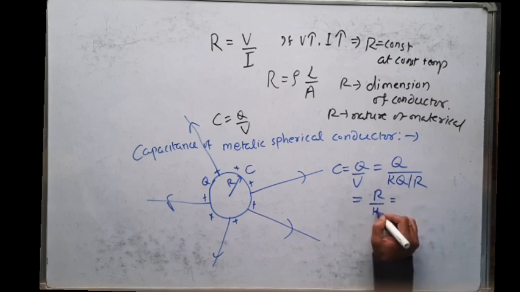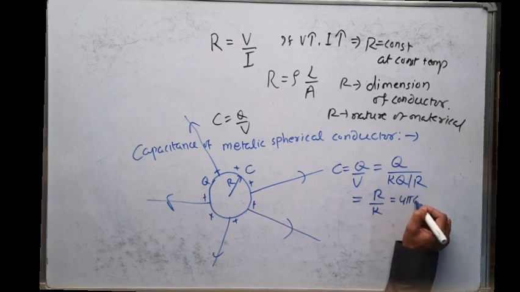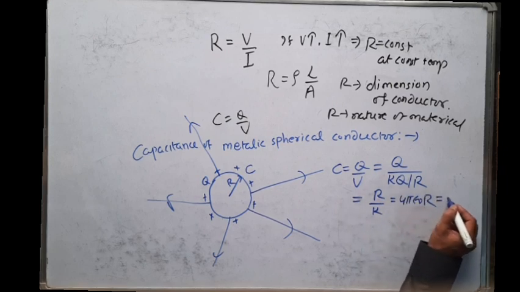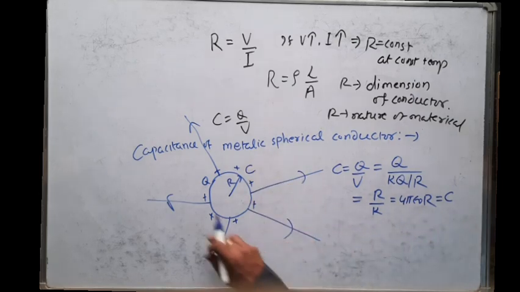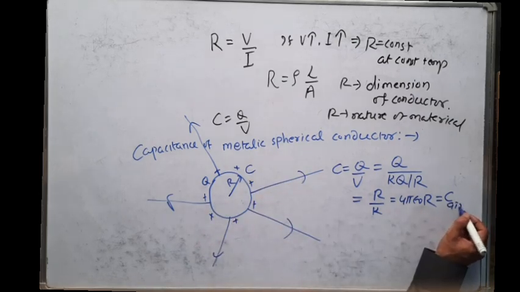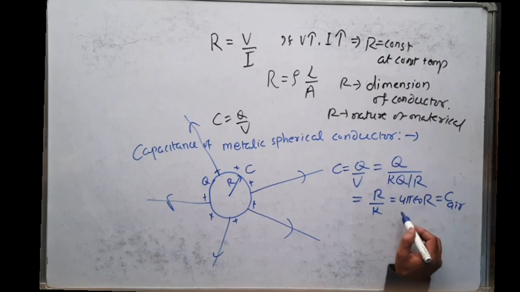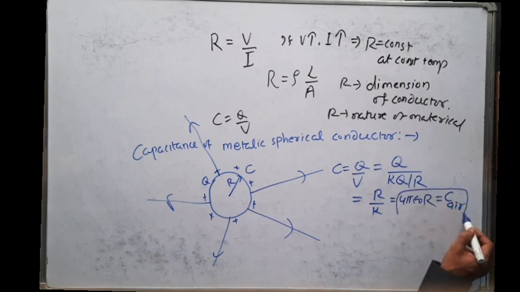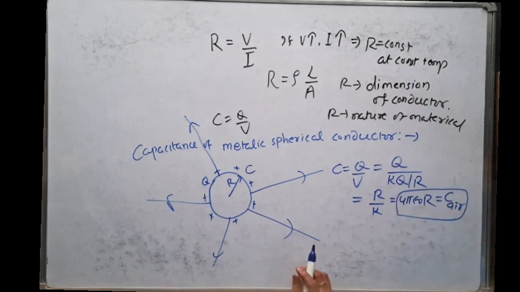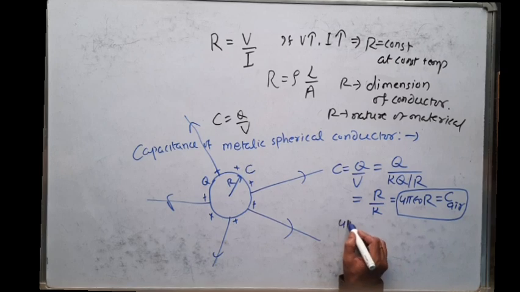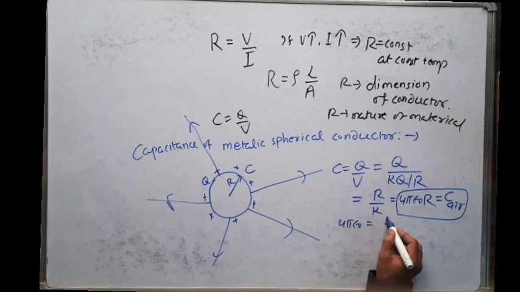So C is equal to 4 pi epsilon naught R. This is the capacitance if the medium is air, the air capacitance of a spherical conductor. Remember, 1 by 4 pi epsilon naught is 9 into 10 to the power 9.